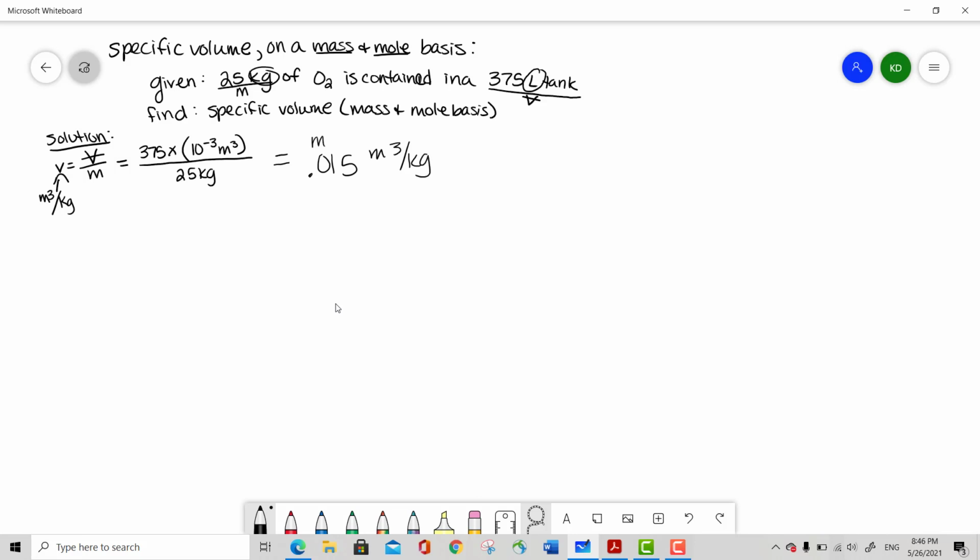So that's our mass basis. Okay, I'm boxing in my solution so that I know what it is. Okay, now let's do the mole basis. Okay, so on here, this is going to be denoted with a line above. So right here, you've got just the V for the specific volume. Right now, you just put a line over it.